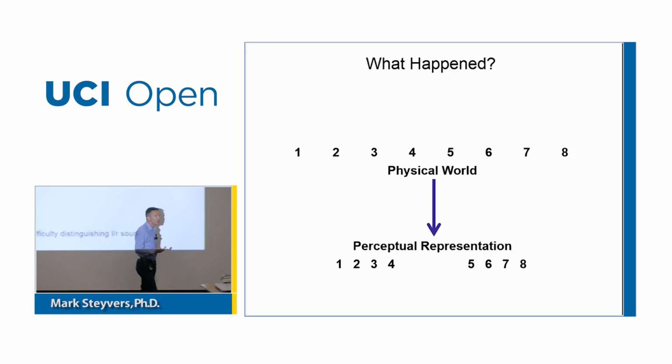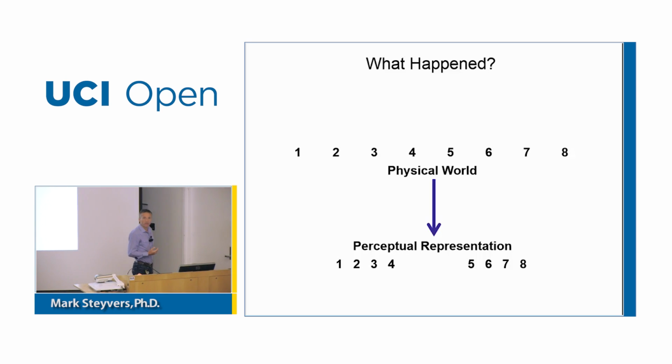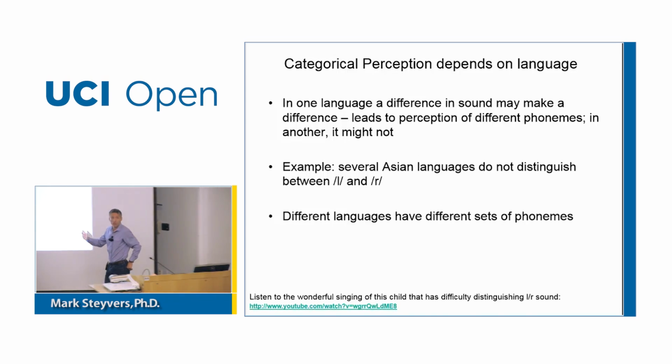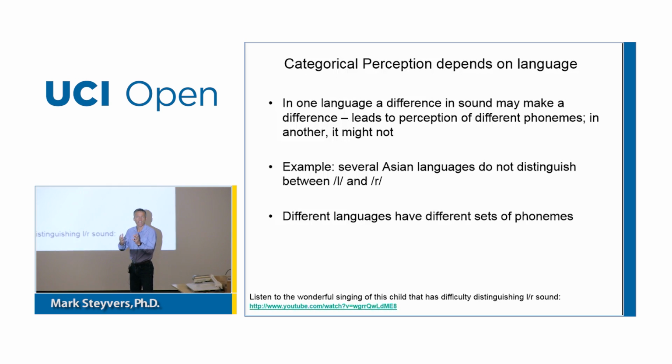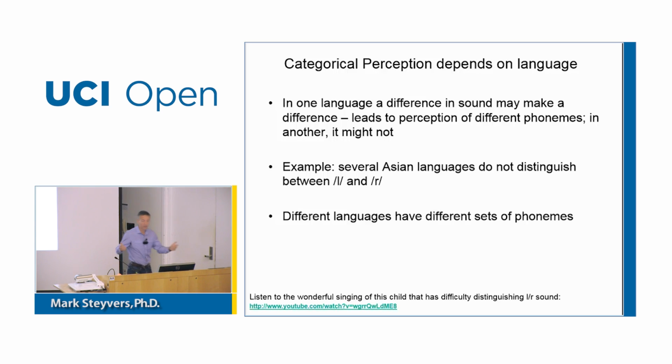Well, it's not a meaningful distinction in several Asian languages, although not all. Right? So this is consistent with categorical perception. If the L and the R in Asian languages is like a within category distinction, not as important, those distinctions are minimized. The L and the R in the English language is a very important distinction, and therefore those differences are maximized.